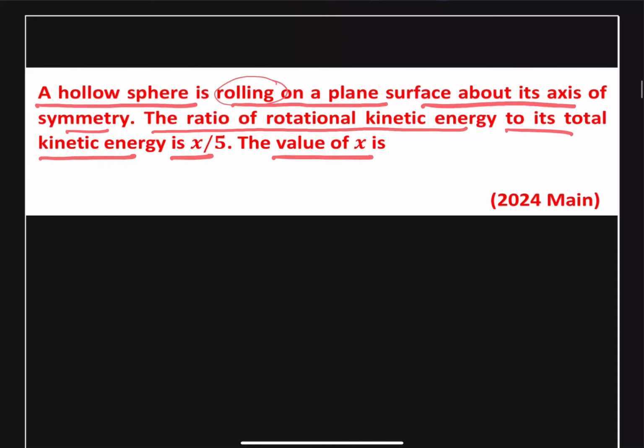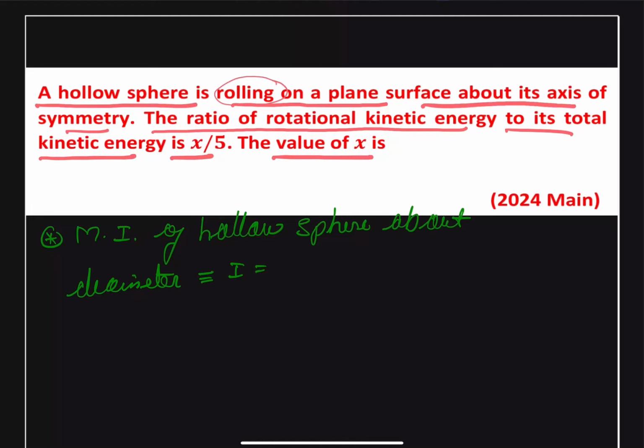So first of all, about its axis of symmetry, let us say the moment of inertia of a hollow sphere about its diameter, that is I, will be equal to 2 by 3 mr square.